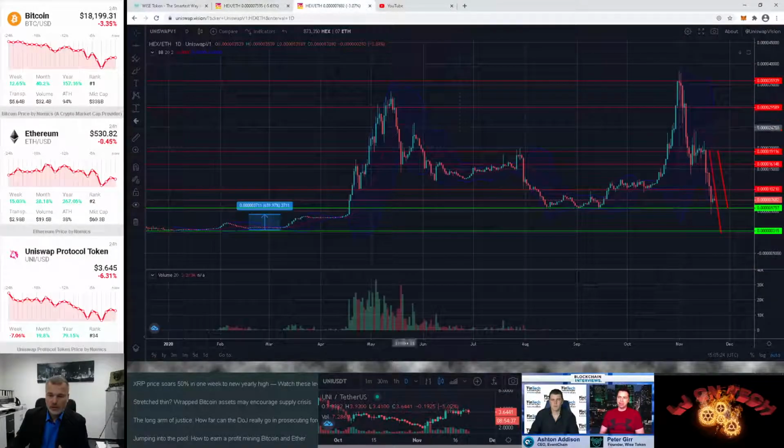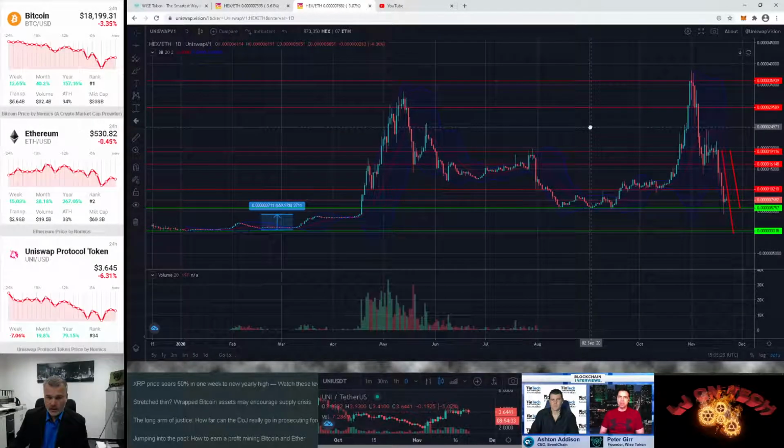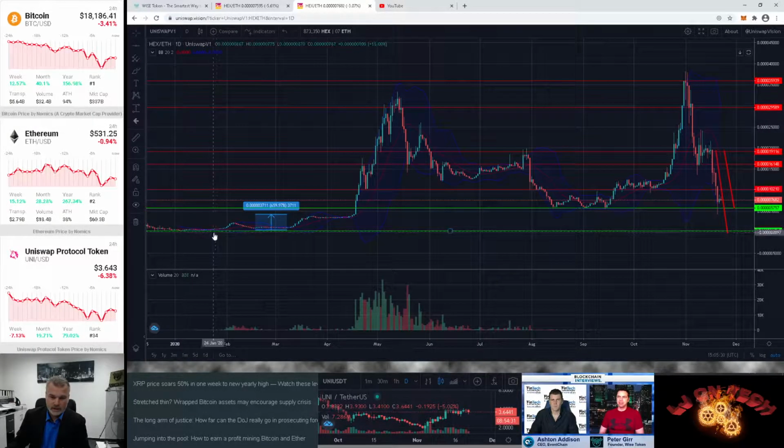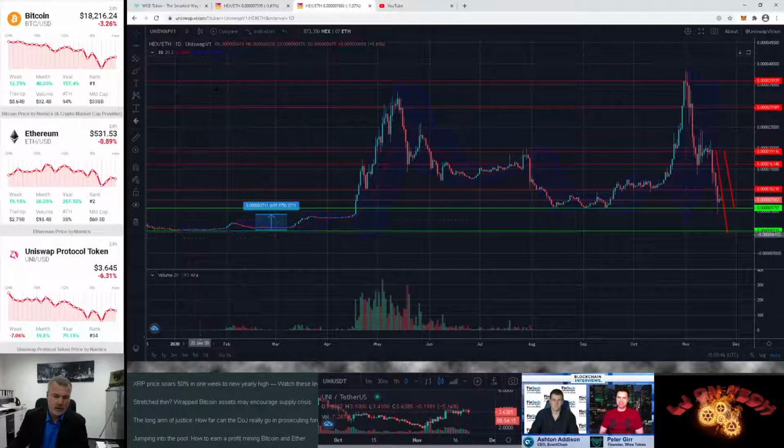Let's go back to this chart, and right here we have the start of the HEX token. You can actually go to uniswap.vision, switch it to daily, 1 day, and you will have the same chart, because the numbers to get those are very tiny.